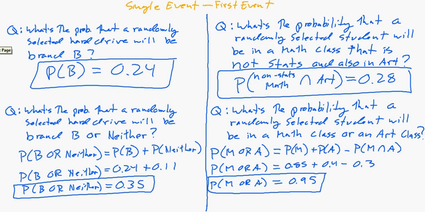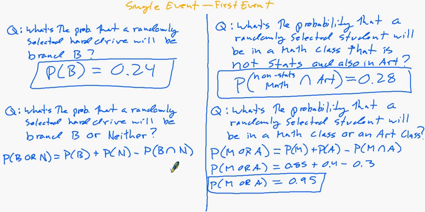So this brings up actually an interesting question about this formula. It applies to joint events. Could you actually use this same formula for this disjoint example? And the answer is actually yes.